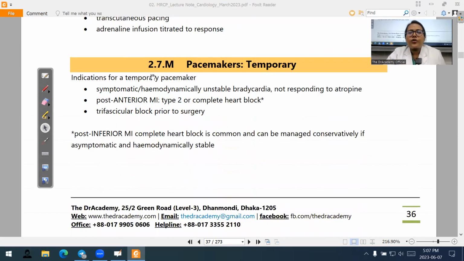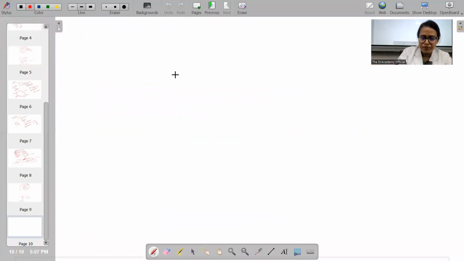Okay, so what are the indications of a temporary pacemaker? All the indications for a permanent pacemaker will be very much similar to the temporary pacemaker. Temporary pacemaker is just done to buy time before we do the permanent pacemaker. So the indications are kind of the same. I try to make it as simplified as possible.